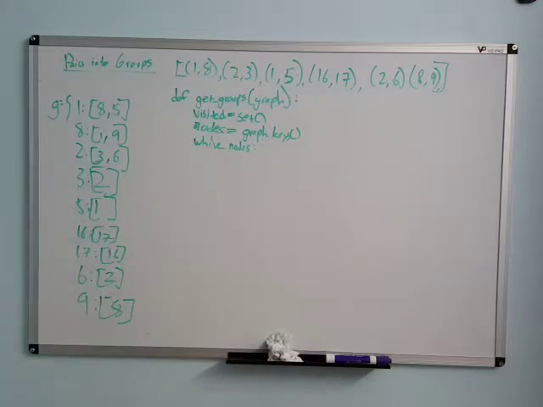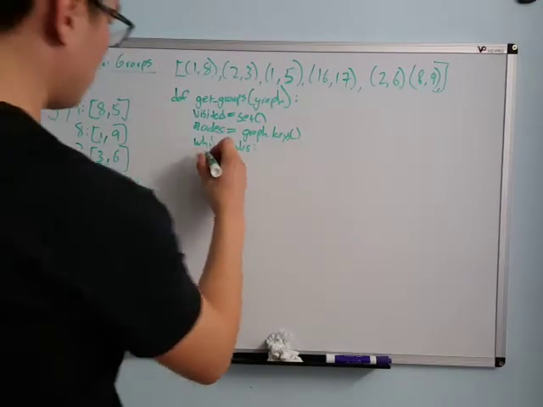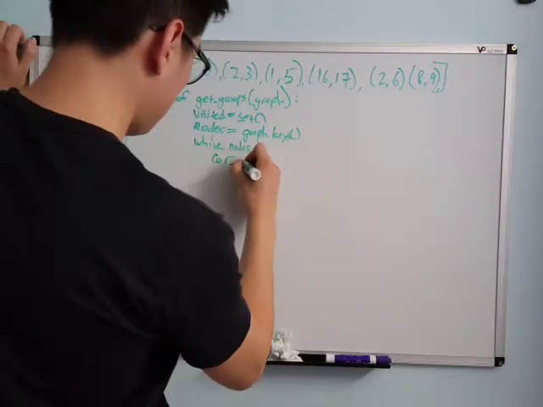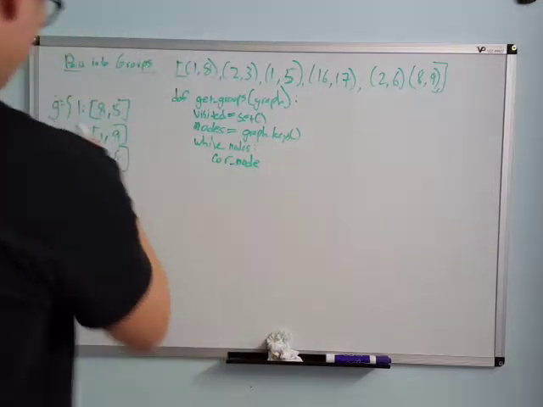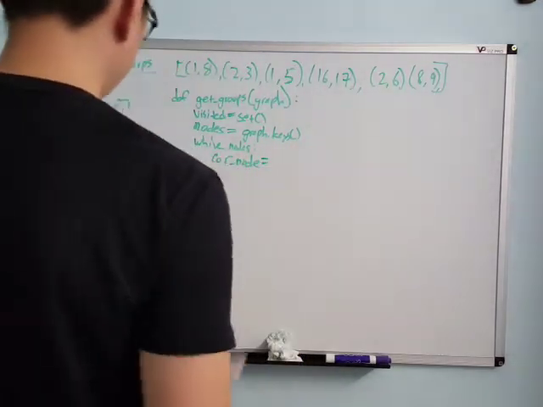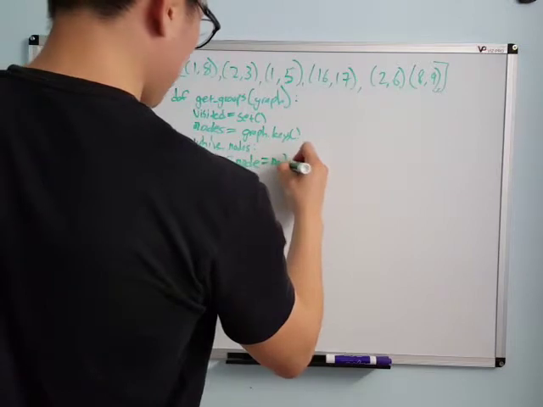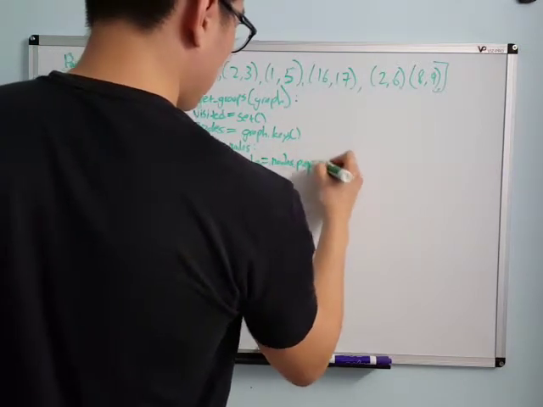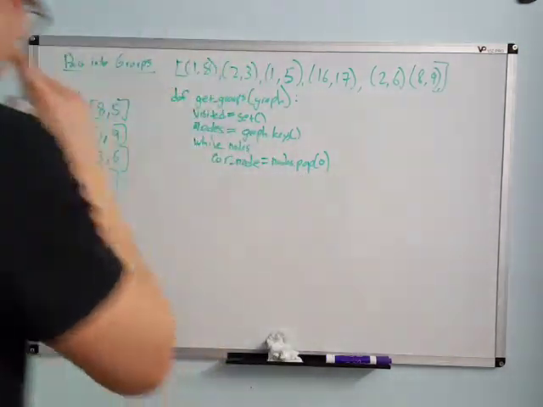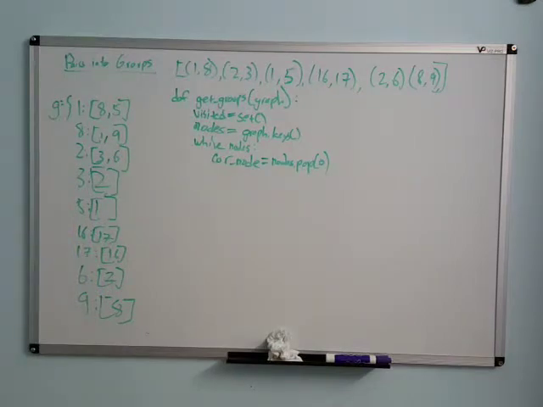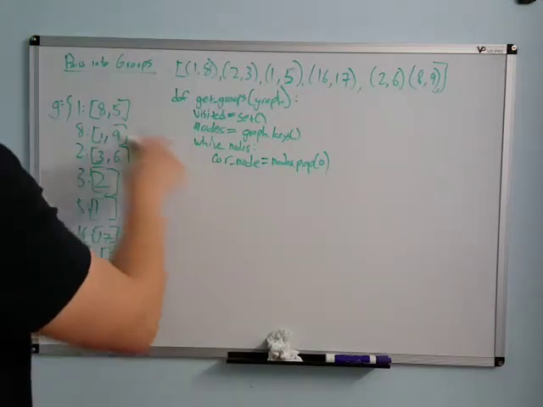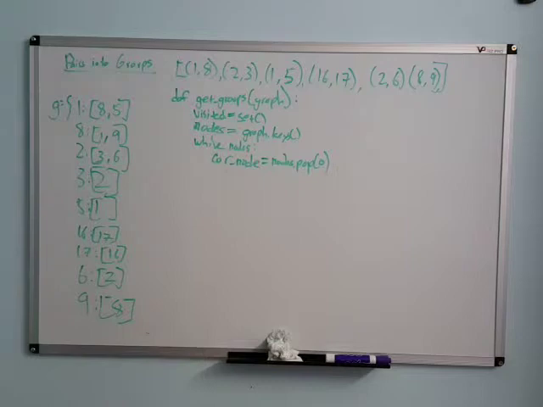Yeah, so while nodes, cur node is equal to nodes.pop. Pop from top. Okay, so now cur node is just 1, right?